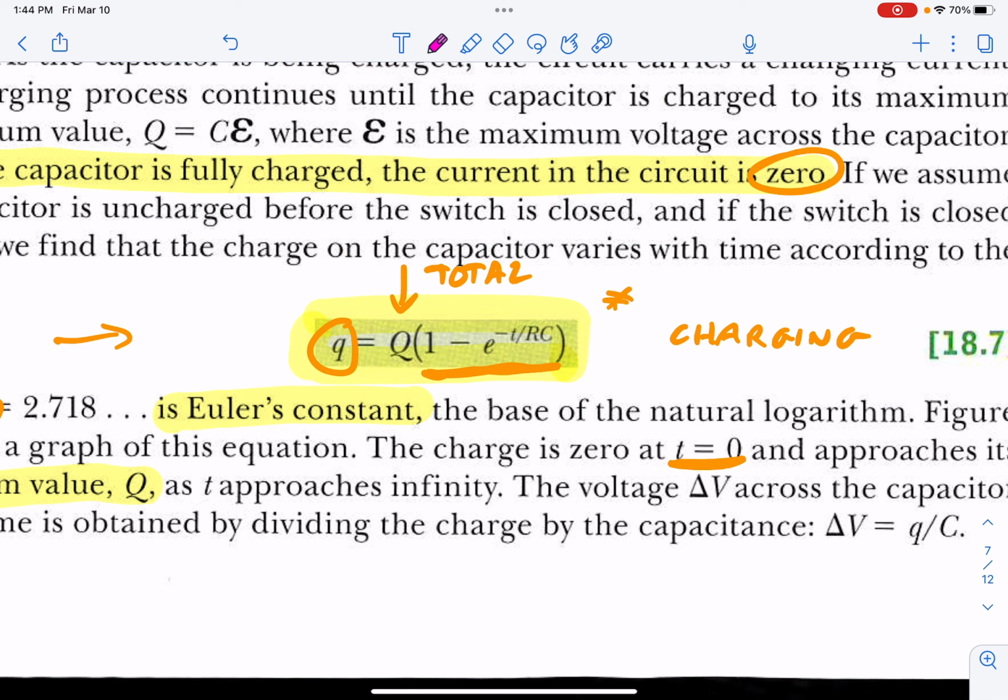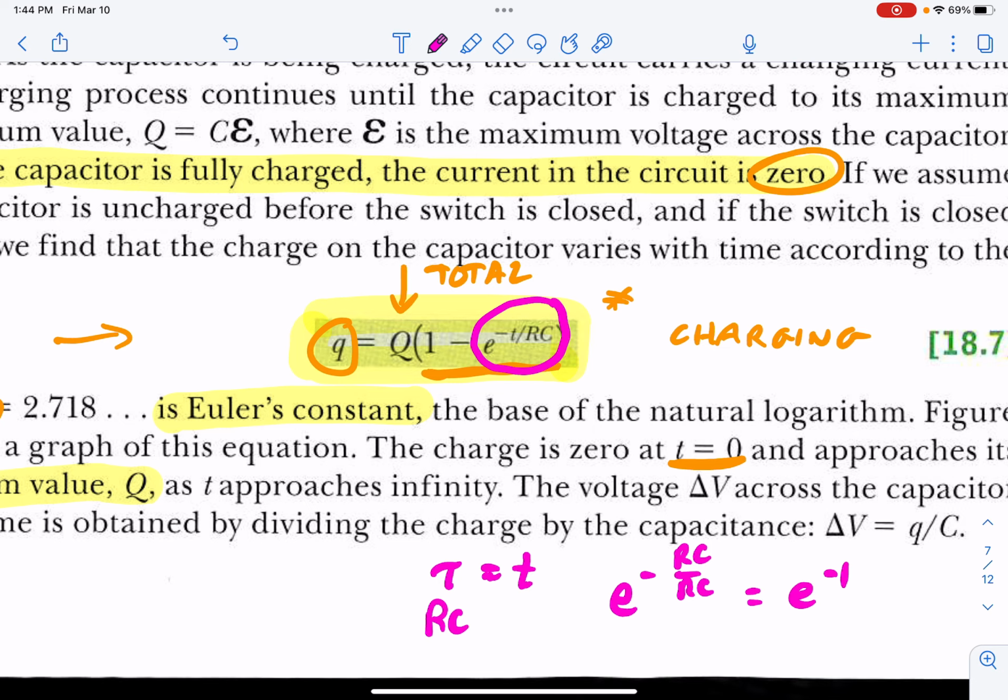And if you look at this term right here, when t equals tau, in other words, when the length of time equals tau, and tau is defined as RC, you end up having e to the negative RC over RC, which equals e to the negative 1.